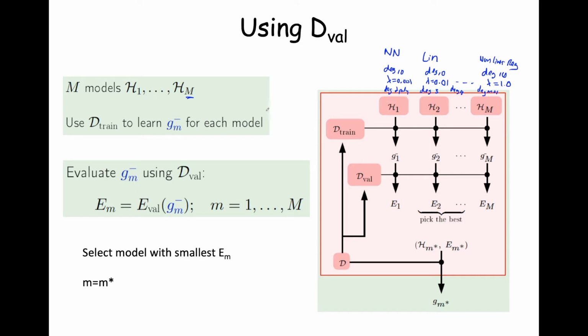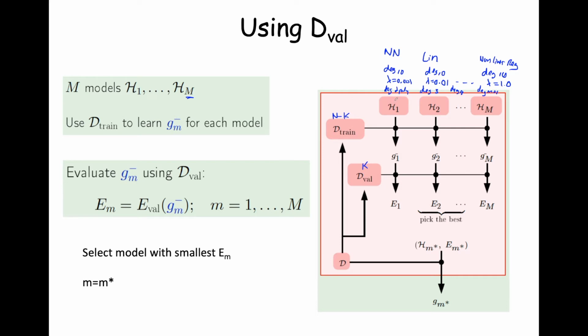Okay, so now what we're doing, of course, we take our original data set, D, and we divide it into two pieces. We set aside some subset of size K, our validation set, that's D val, and then the remaining set, D train, of size N minus K, we're going to use to train each one of these versions of the hypothesis. So you use D train. The result of that, when learning finishes, or the learning algorithm halts, you're going to get what we call GM minus.